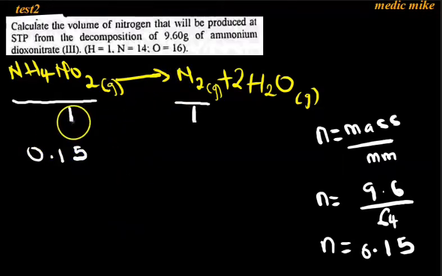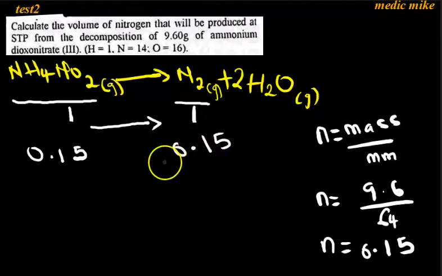So what we are going to be doing is simple comparison. If 1 mole of ammonium dinitrate gives us 0.15 mole after calculating with the mass and the molar mass, how many moles will nitrogen gas give us? It will be the same thing, because 1 times 1, if we cross multiply, it will be 1 times 1 divided by 1, which is still 0.15.